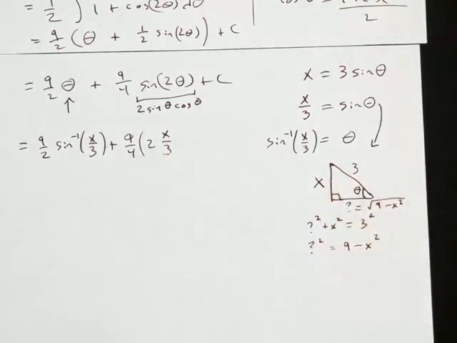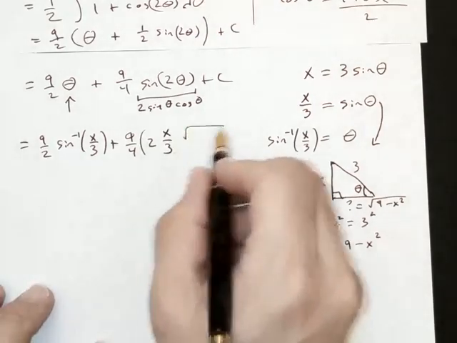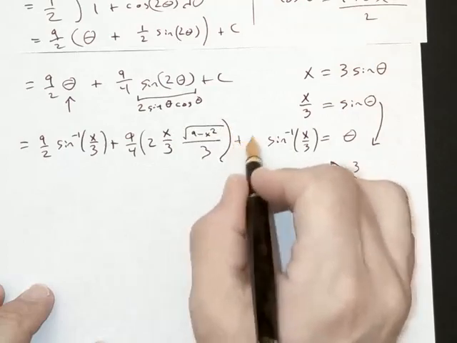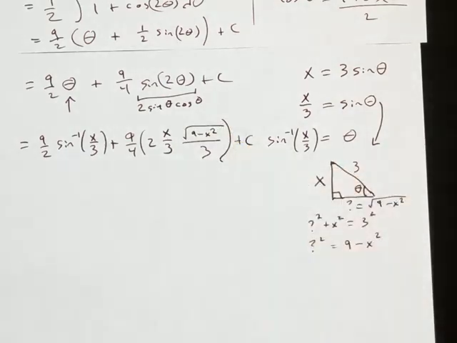What's cosine of theta in this right triangle? Square root of 9 minus x squared over 3. Ladies and gentlemen, you did it.